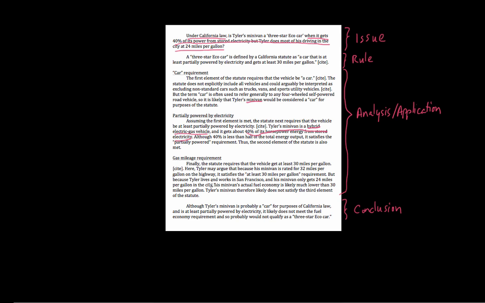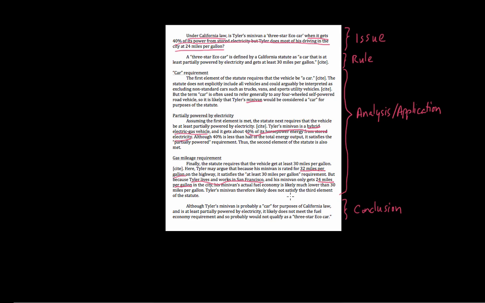And finally, for our third element, we point out specifically that the minivan gets 32 miles per gallon on the highway, and that it gets 24 miles per gallon in the city. We also point out the specific fact that Tyler lives and works in San Francisco. All right, so the reason we give these specific facts is because we want to show, not tell.